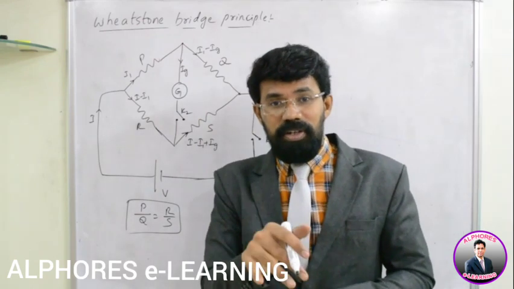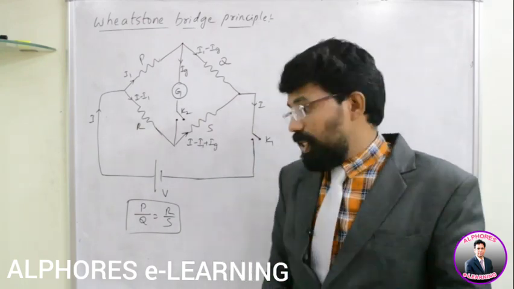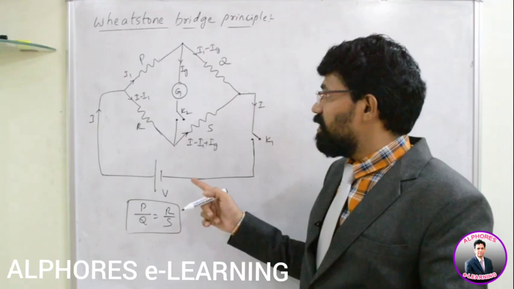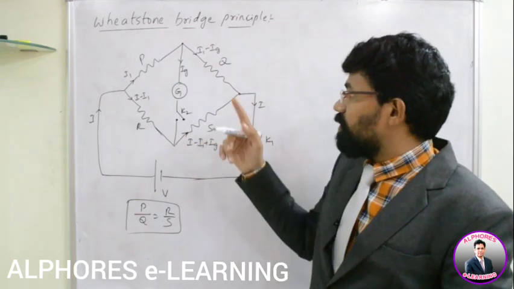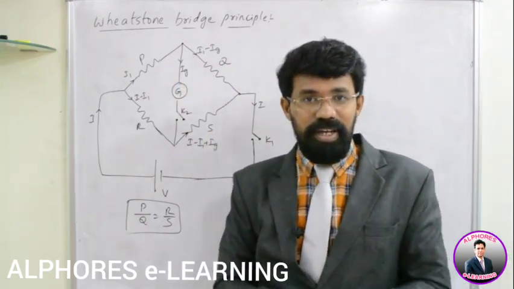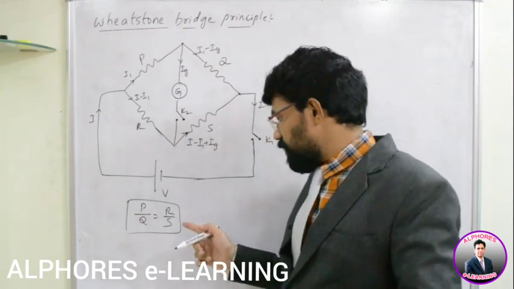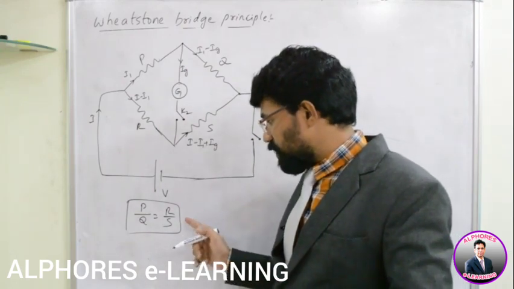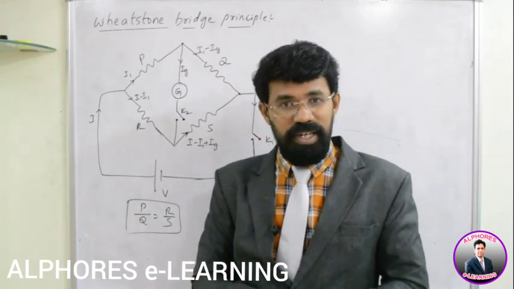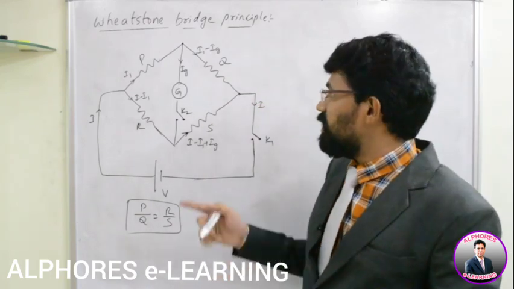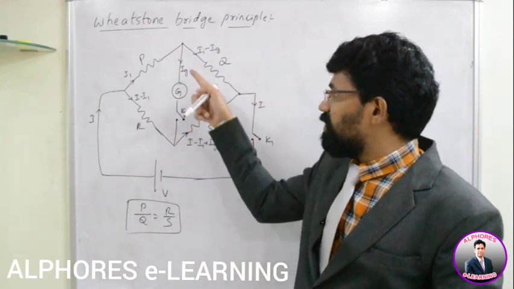When you are dealing with numerical problems, if you see this condition in such a circuit, then you can also say that there is no current in this branch.